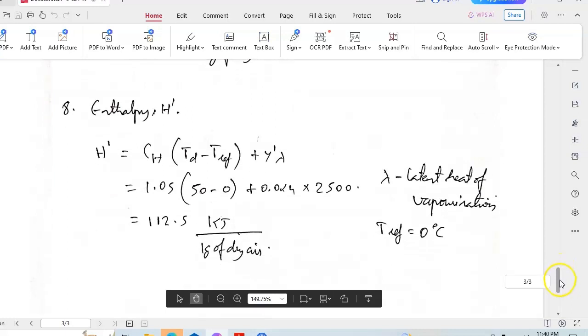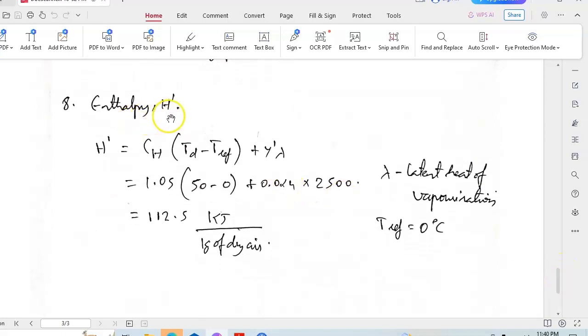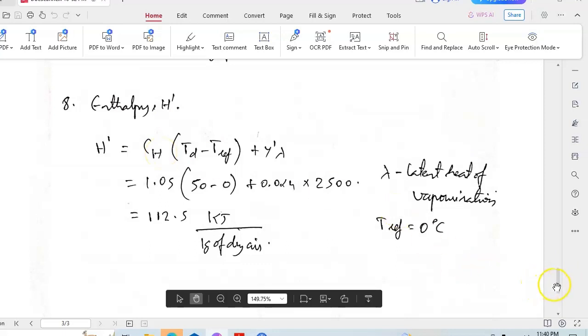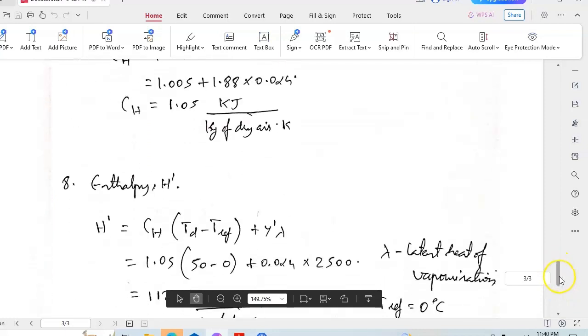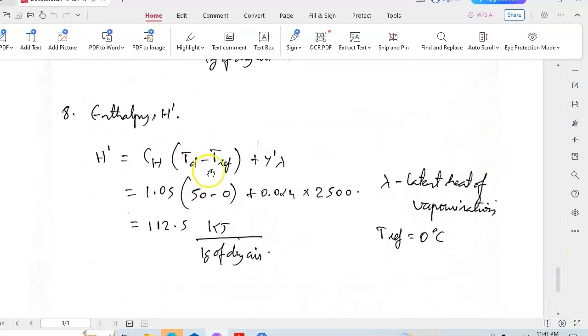Then the last question is our enthalpy H dash. H dash is equal to CH, our previous answer humid heat, into TD minus T reference. TD is the dry bulb temperature, and T reference is 0 degrees Celsius or 273 Kelvin, plus Y dash, the absolute humidity, into lambda.